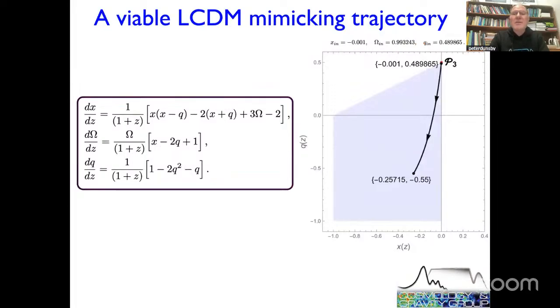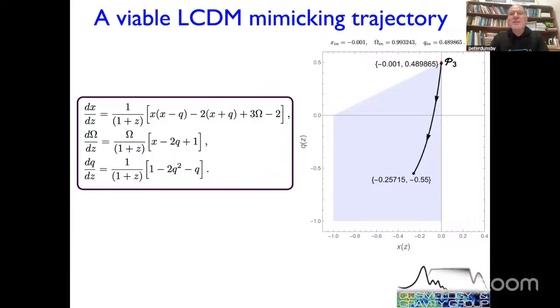So here is an example that we constructed of such an orbit. What you do is you set up your initial conditions. Here we have our initial conditions on x, where the magnitude of x is about 10 to the minus 3. We calculate at our starting point the values of the density parameter and the deceleration parameter.